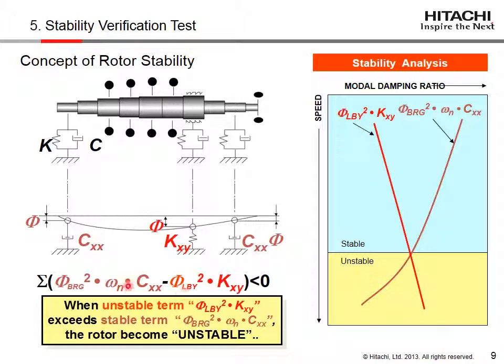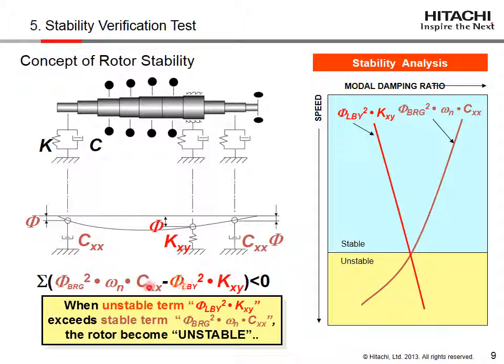On the contrary, if this value is larger, the system is unstable. This is the speed increasing. Normally, the damping effect decreases because the damping factor becomes smaller while increasing the speed.